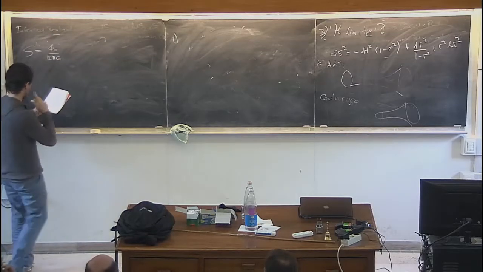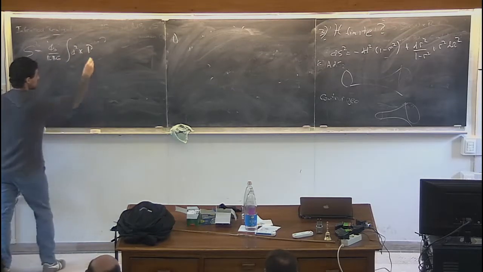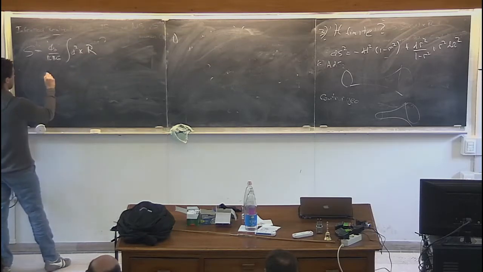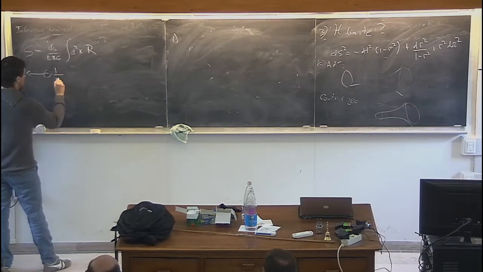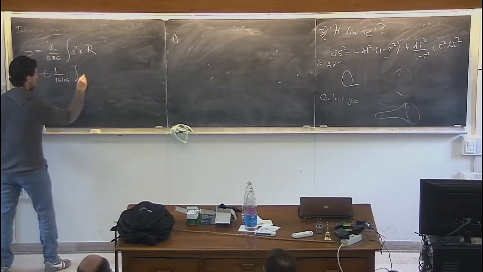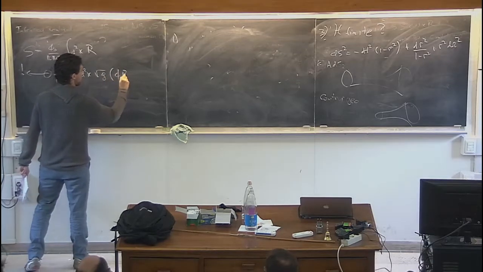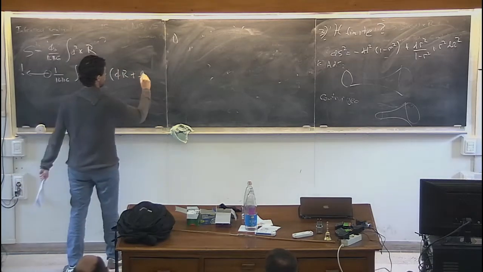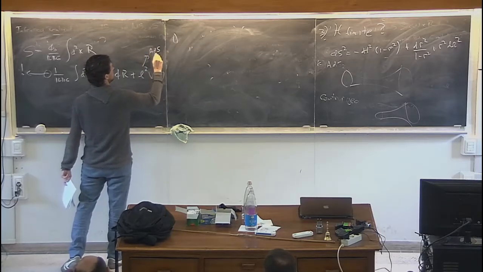So something like this. There's a part of the dilaton, something like this. And this sign is important. I'll talk about it in a minute. And this is the AdS scale.